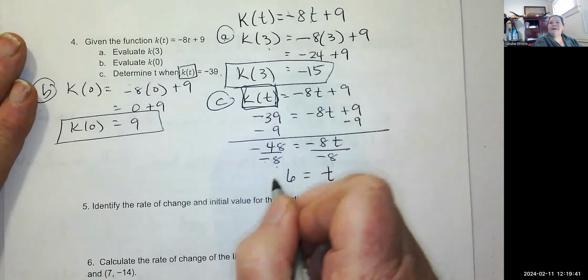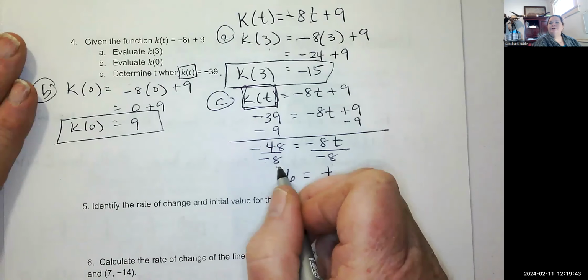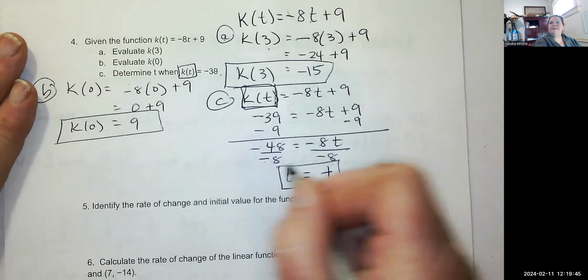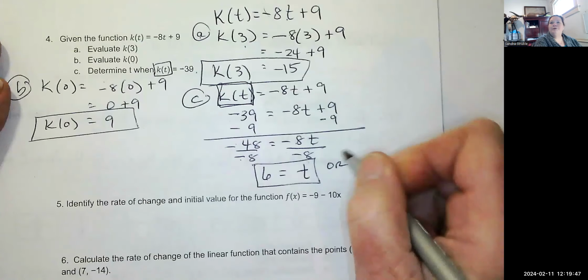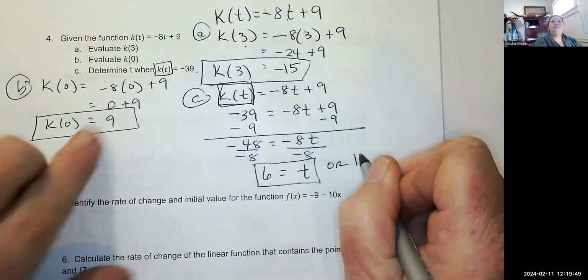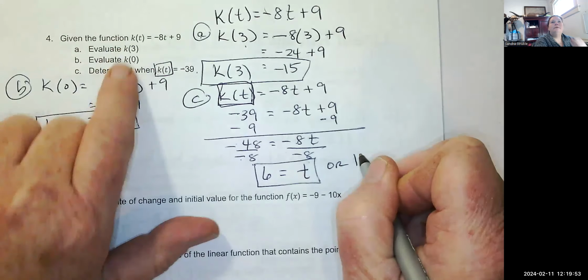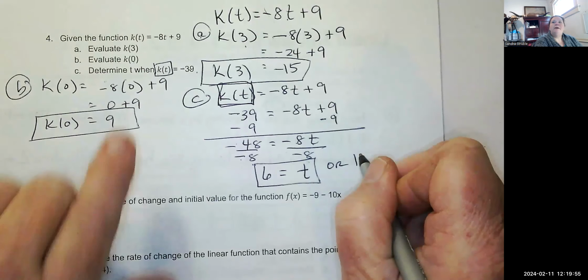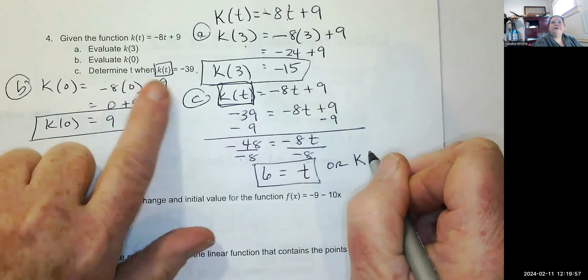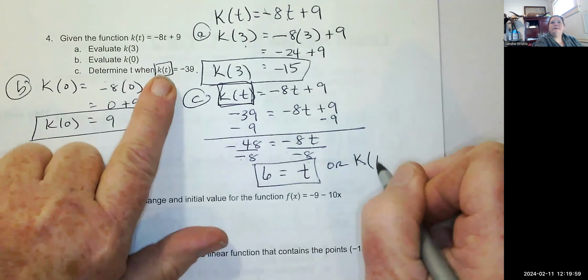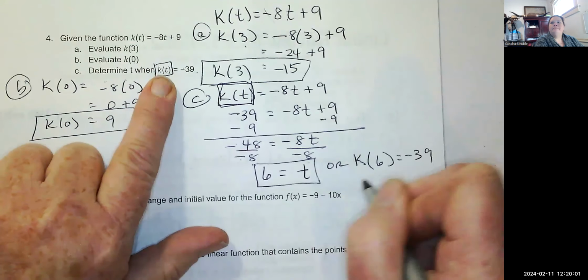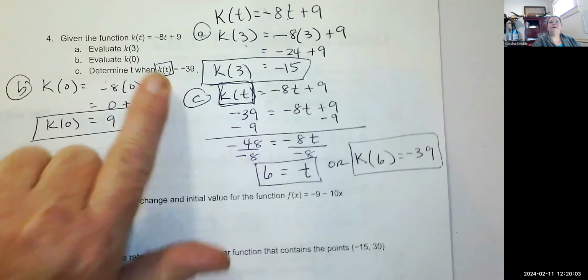And negative divided by negative is a positive. So our answer can be t is equal to 6. Or you could answer that k of 6 is equal to negative 39. Either one is correct.